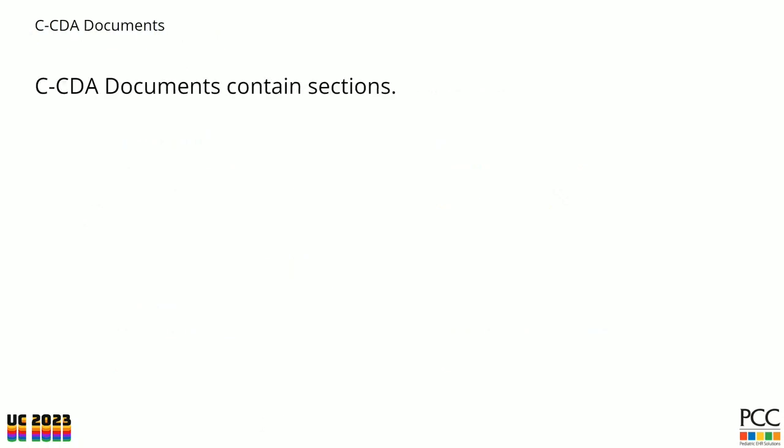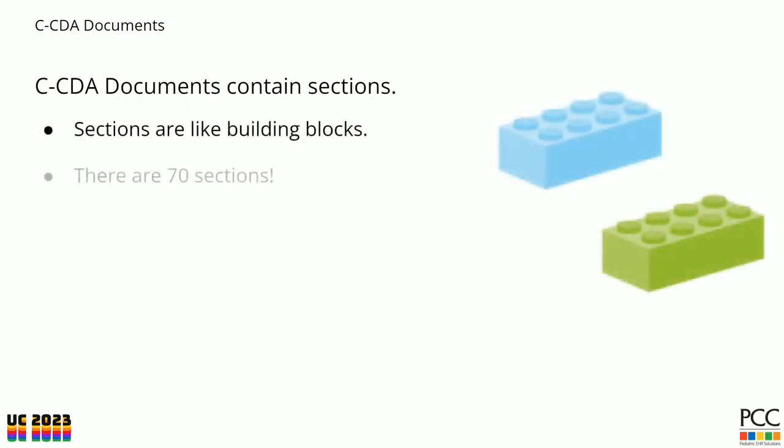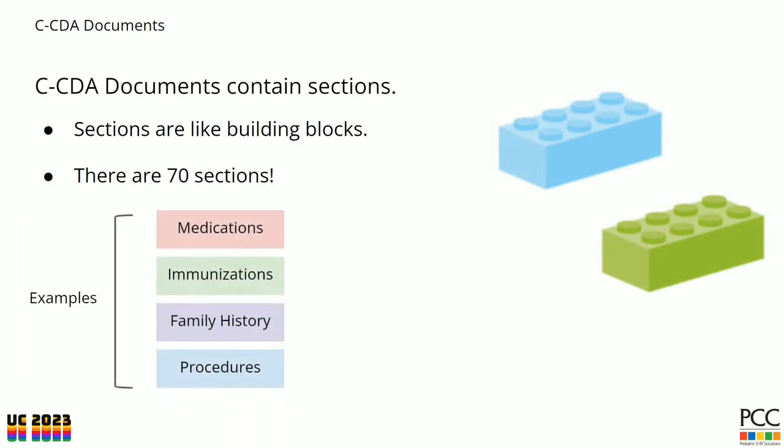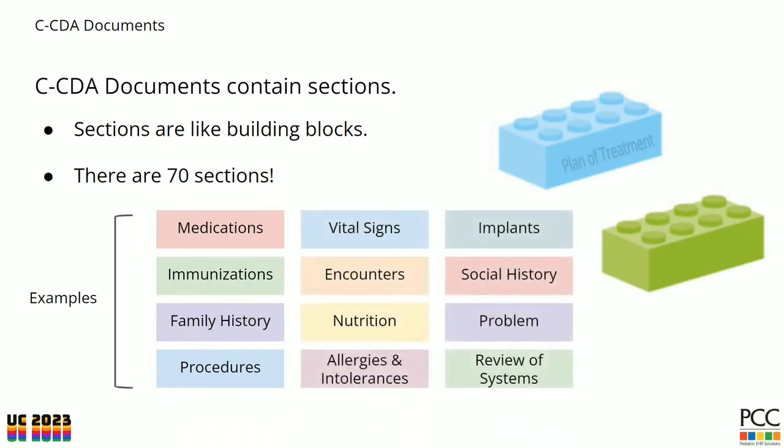So I mentioned that all the types are made out of the same nuts and bolts. They're all made up of sections. They all contain sections which are like building blocks. There's a big pool of 70 sections that make up the different document types. Some examples of sections are medications, encounters, problems, plan of treatment.